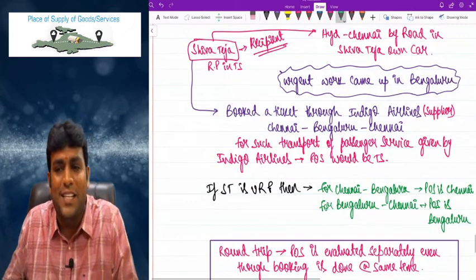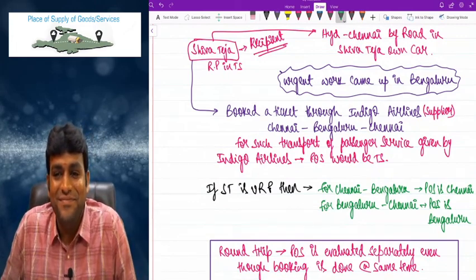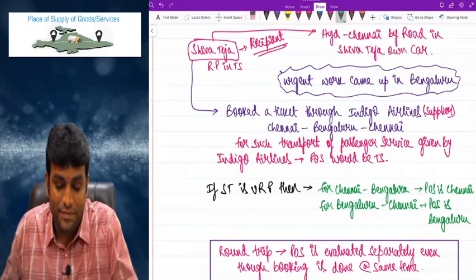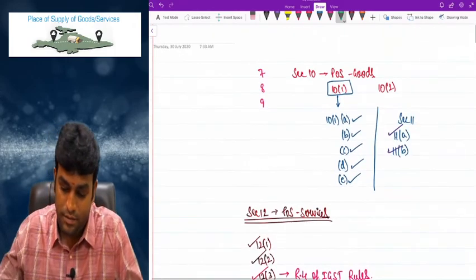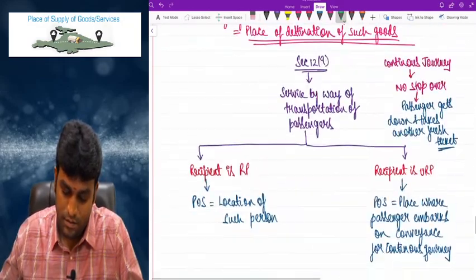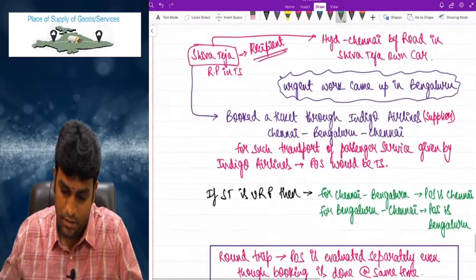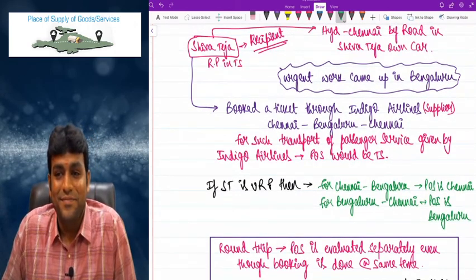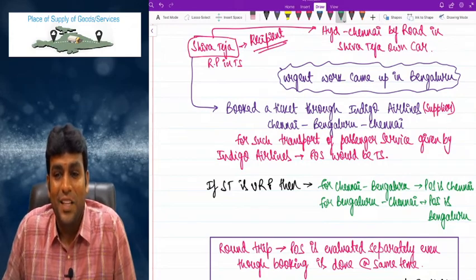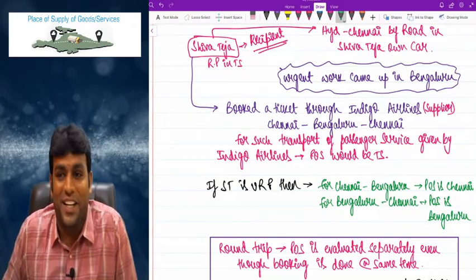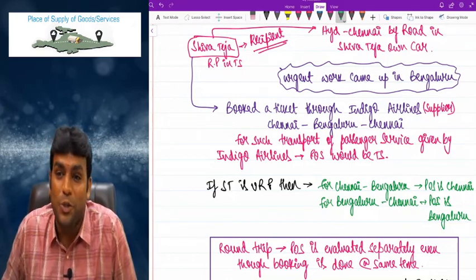Take this lovely example, sir. Take this brilliant example. And to make it more realistic, Shiva Teja traveled from Hyderabad to Chennai by road, and there he booked a flight ticket of Chennai to Bangalore to Chennai.